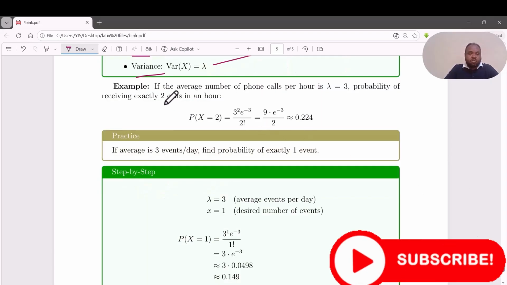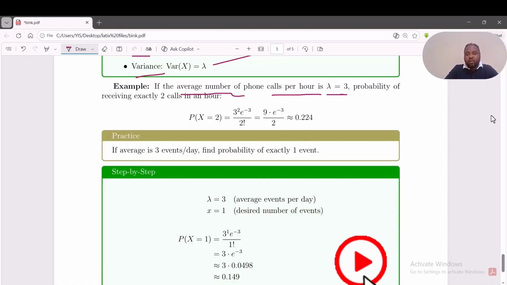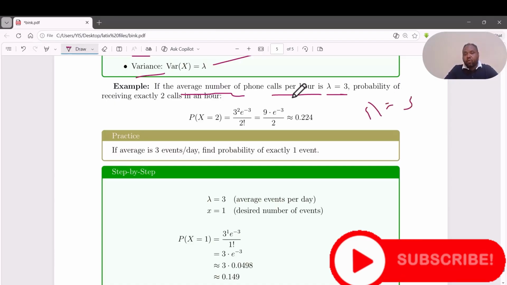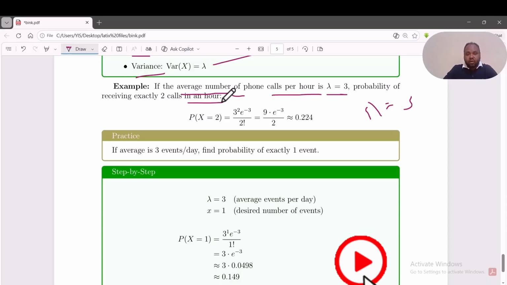Let us see a simple example. If the average number of phone calls per hour is 3, what's the probability of receiving exactly 2 calls in an hour? Here lambda is 3. The average number of phone calls per hour is 3 from experience or from prior knowledge. Now what's the probability of receiving exactly 2 calls in an hour?